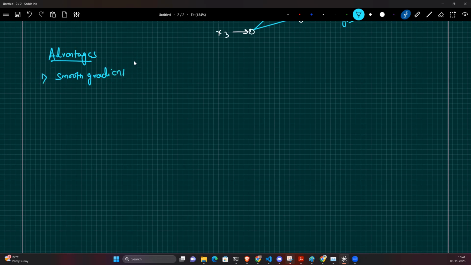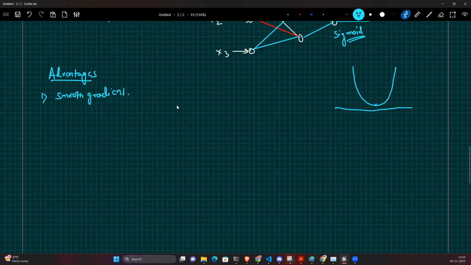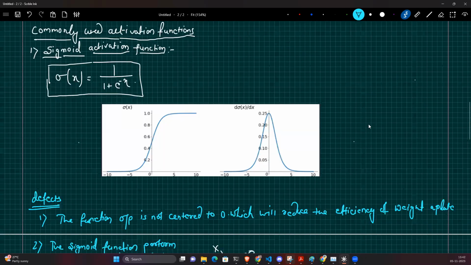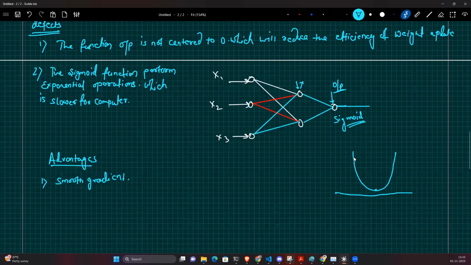I was talking about this parabola, right? In this parabola, our main agenda is to reach the global minimum. And the sigmoid activation function is very smooth. If you see this graph, it is very smooth. So with this, it will not be prone to the exploding gradient problem.